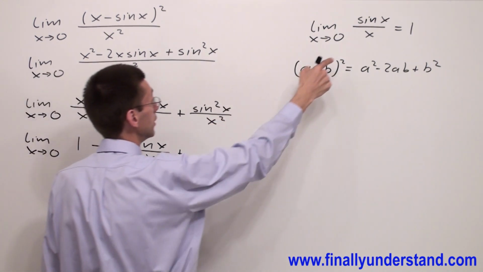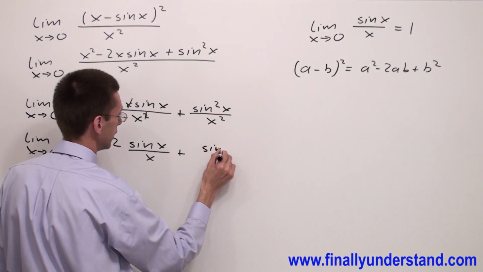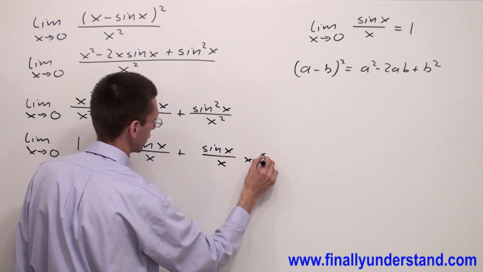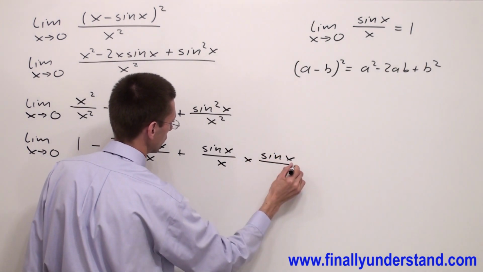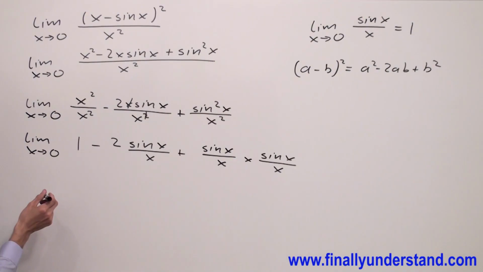I want to get this form. So take a look at what I'm going to do. I have sine x over x times sine x over x. So we can rewrite this one more time like this.